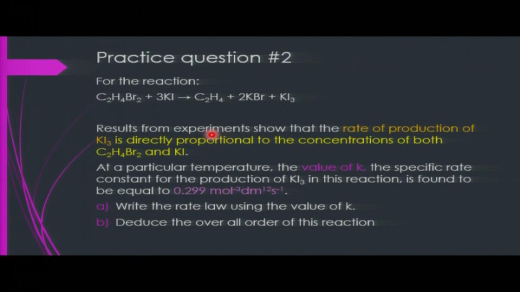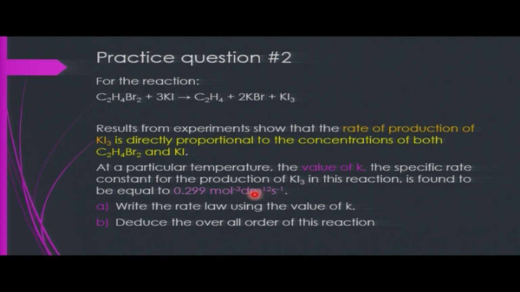As you see, results from the experiment show that the rate of production is directly proportional to the concentration of both this and this. We have two reactants. So they're saying the rate is directly proportional to these two. From the quick understanding of what we've been covering, you can pick up the order of reaction just right here. But let's see what happens.